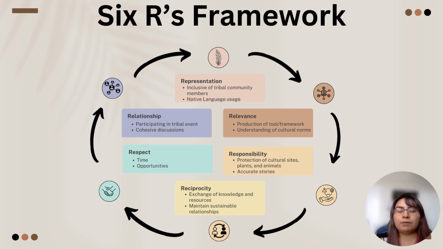How well are the federal agencies using these 6R's in the creation of their signs, especially when it comes to relationship building? How are they including the community in the signs, their voices, especially their language, the traditional knowledge, because that's all part of the land itself. My research is really looking at how these federal agencies and tribal communities as a whole can work together to produce holistic science.